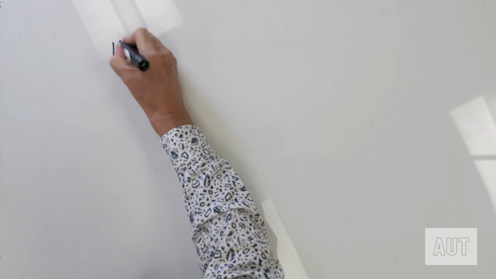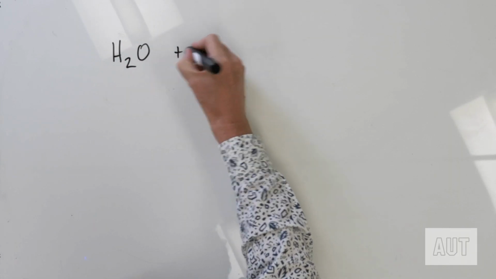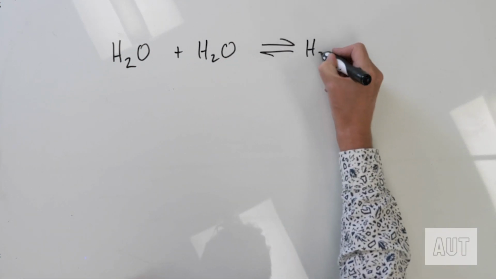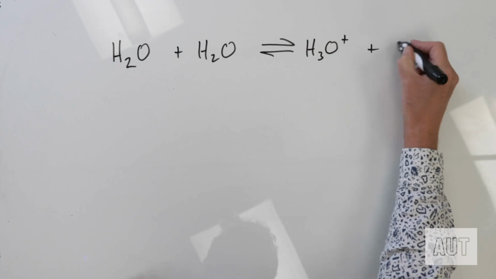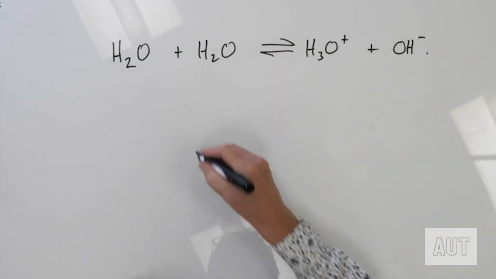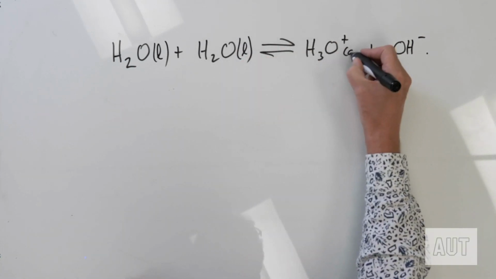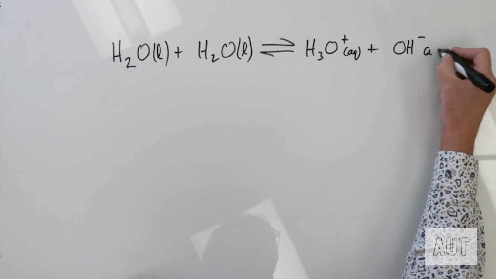And we looked at the simplest possible acid-base reaction, essentially the reaction of H2O plus H2O in equilibrium with H3O+ plus OH-. Okay, this pure liquid, aqueous species, and aqueous species.